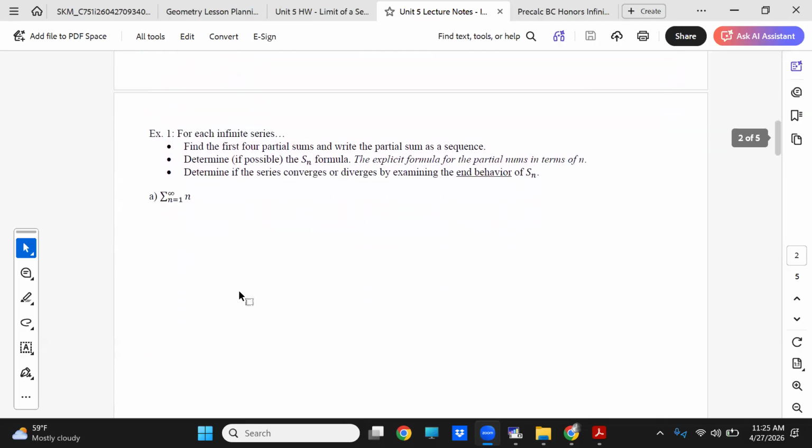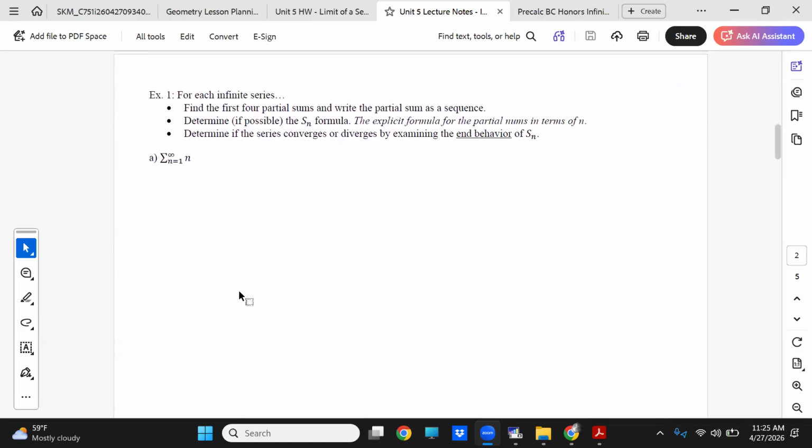So let's take a look at example 1. For each infinite series, find the first 4 partial sums, then write the partial sums as a sequence. So you're finding partial sums and then seeing if there is a pattern in them. In this case, what's the first term going to be?